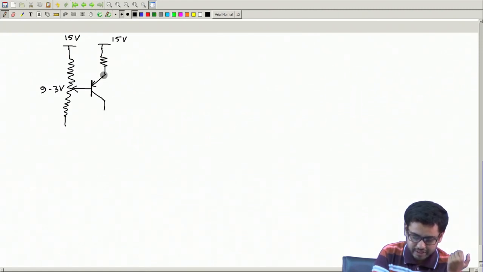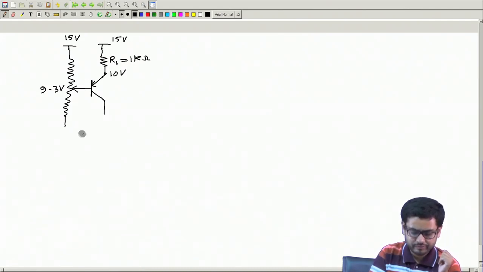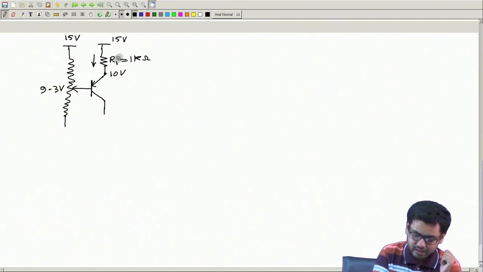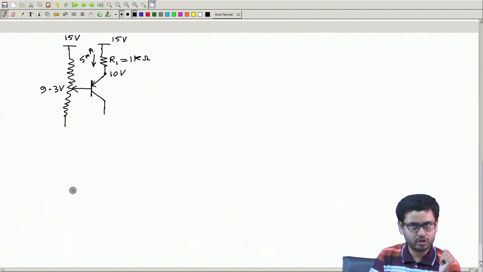So this voltage will be at 10 volt. And if I take R1 equal to 1 kilo ohm, then how much will this current be? This is 5 volt divided by 1 kilo ohm, so this will be 5 milliampere constant.